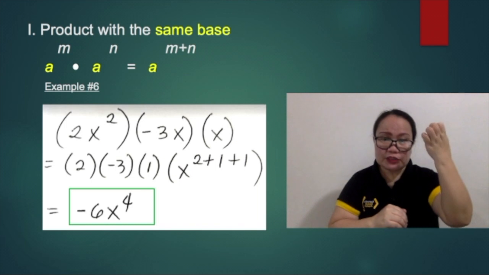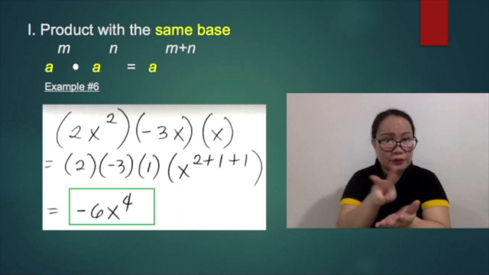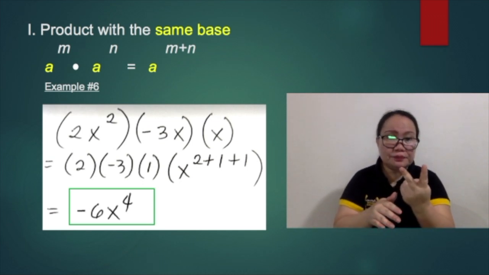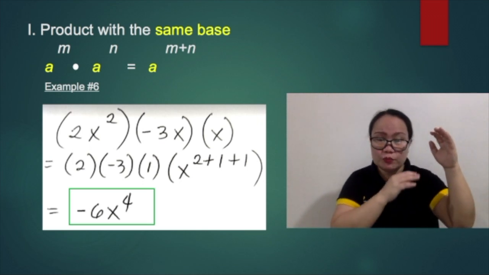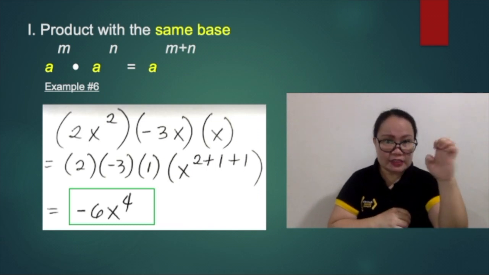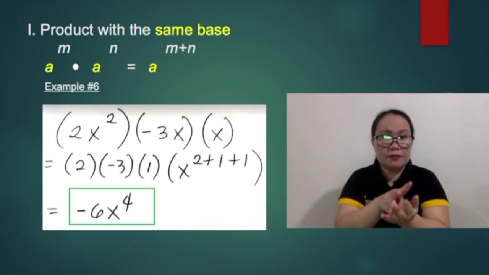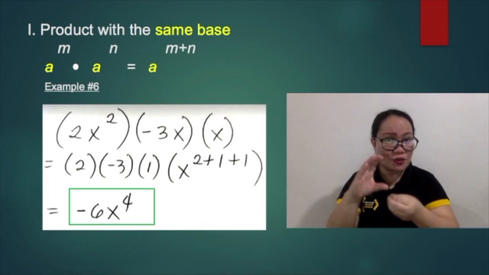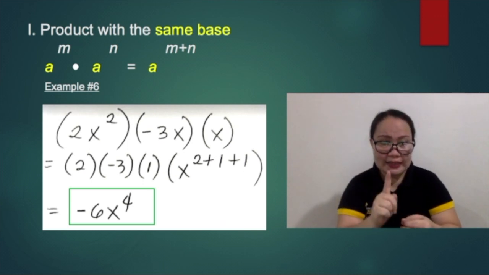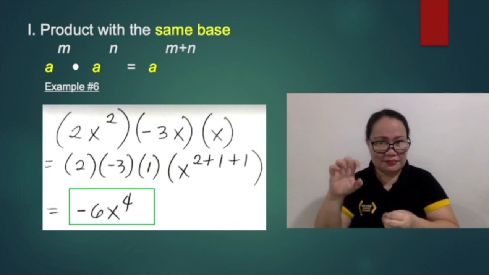The same with the exponent, a number or a variable with no visible exponent, it's always assumed that it has 1 as an exponent. The same with a variable without a numerical coefficient, it is always assumed that it has 1 as a numerical coefficient.